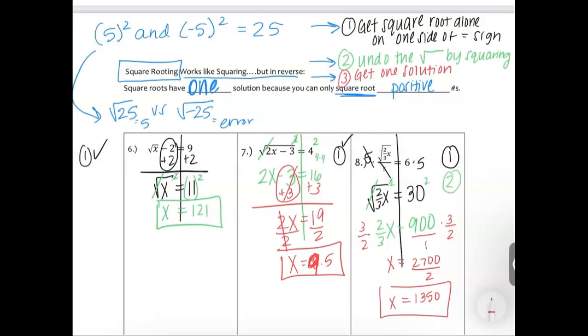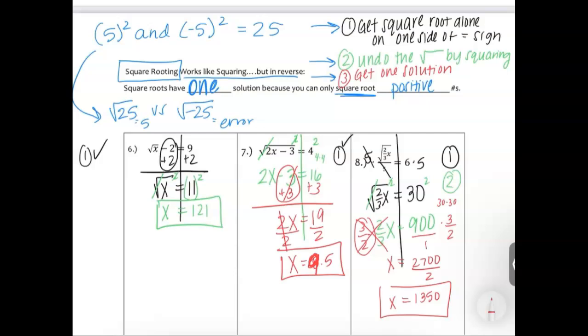Okay, this was a bigger number, but when I left you, you had to square both sides to get rid of the square root. So you would have gotten what I have in green here, 2/3 x equals 900. Remember, that's 30 times 30 there. And then you might have divided by 2/3, but remember that trick that you can multiply by the reciprocal, which is this part here, the flipped fraction, because that actually cancels out, leaving us with x. 3/2 times 2/3 makes 6/6, which is just 1x.